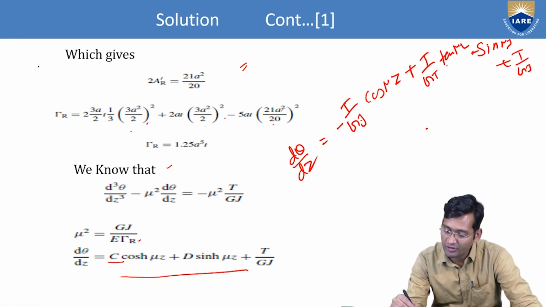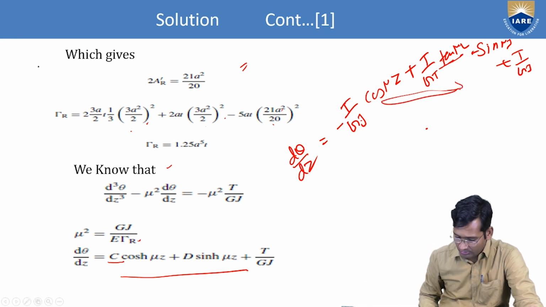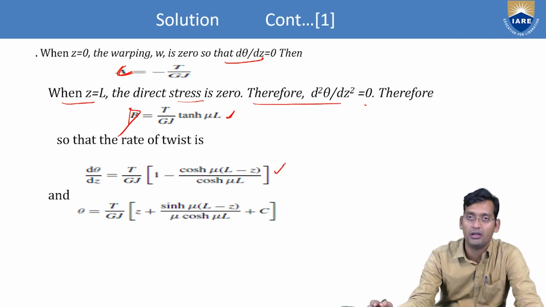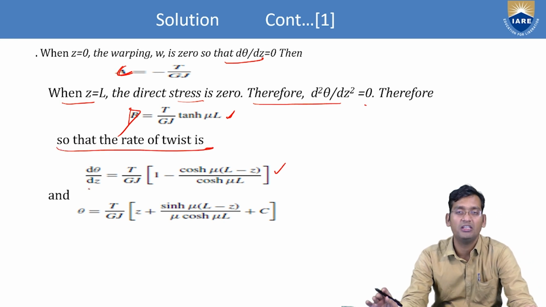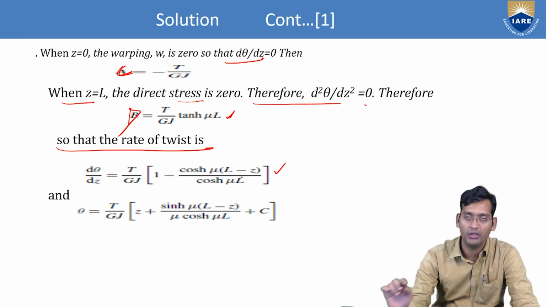After that, tan we can write in terms of sin by cos. Then just cross multiply, take LCM and simplify. How to simplify this step, we discussed earlier also. So now the rate of twist is what? d theta by dz equals t by gj into 1 minus cos mu into L minus z.